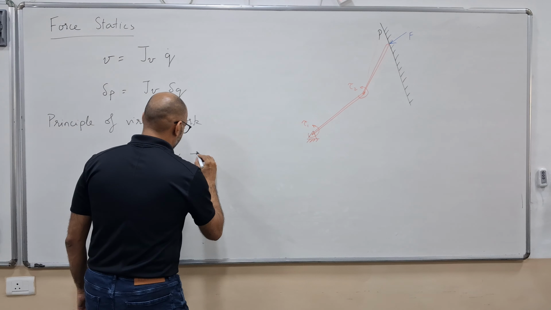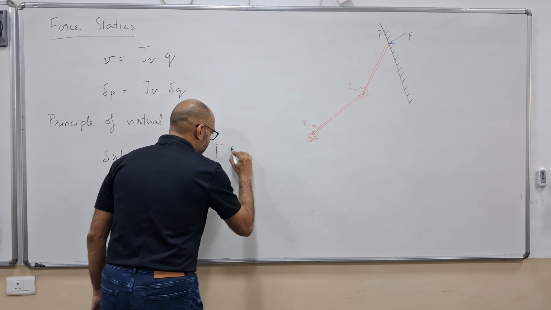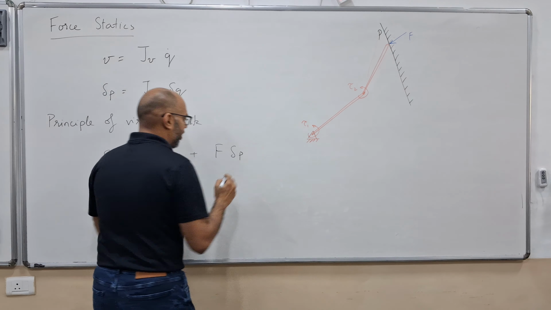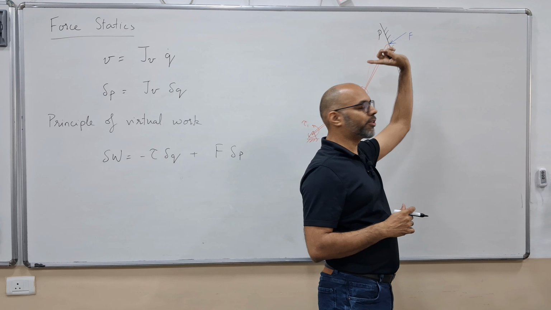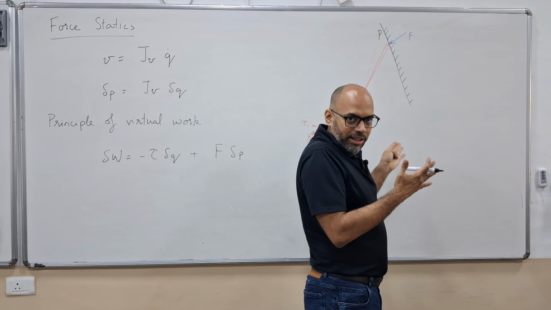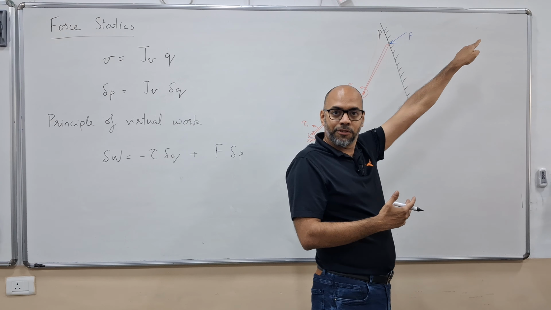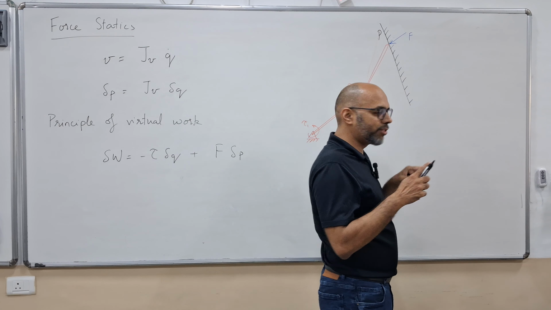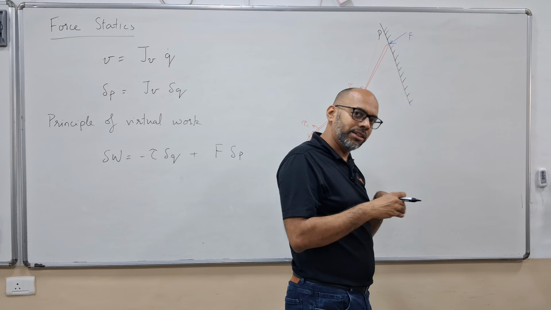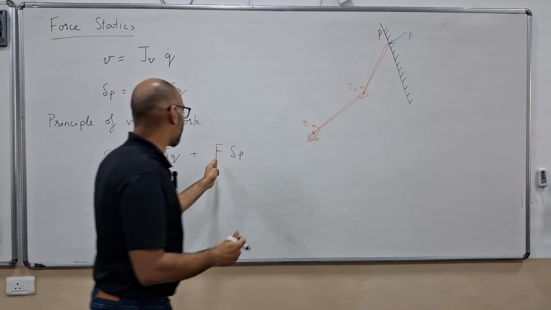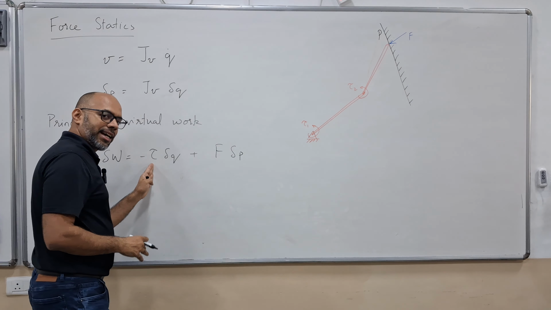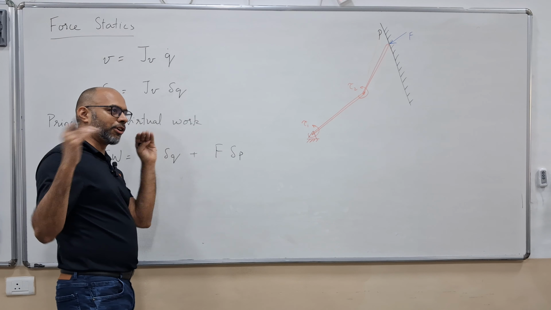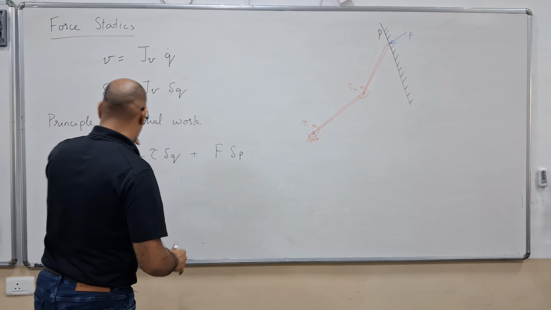The other part would be F times delta p, where in this case I'm showing F as the reaction force from the wall, but really the way it all started is the robot is applying a force F on the wall. So it's a force applied by the robot on the environment. This is a positive work because the robot is pushing against the environment, and the other is negative work because torque is being applied on the robot, right?